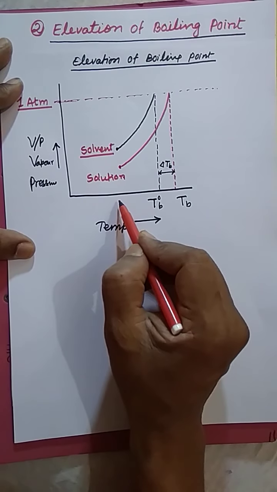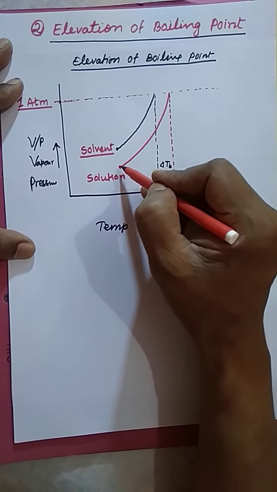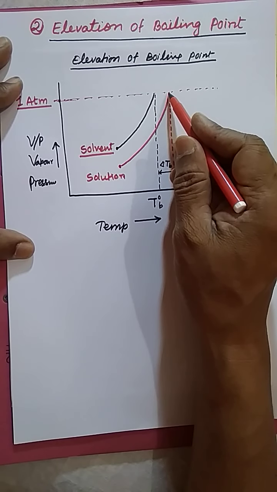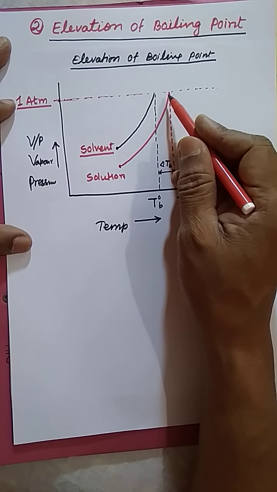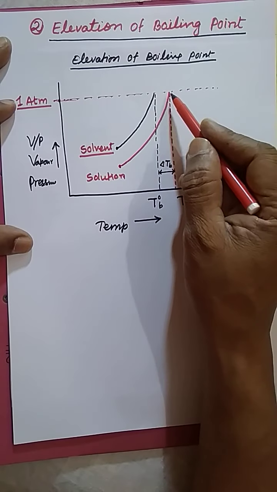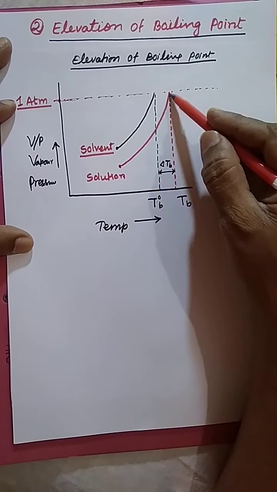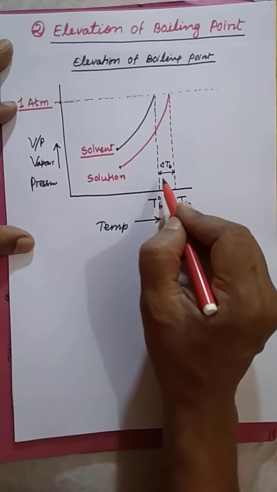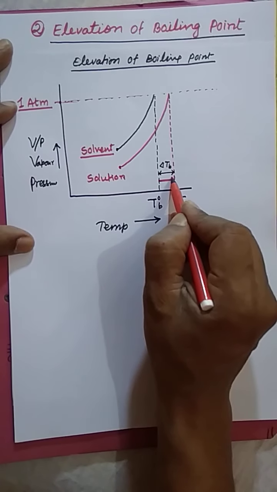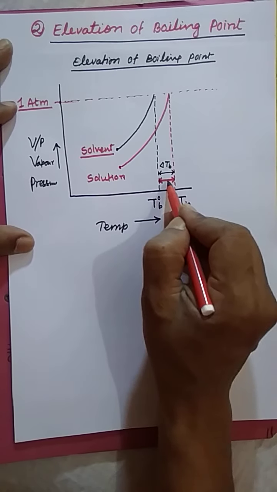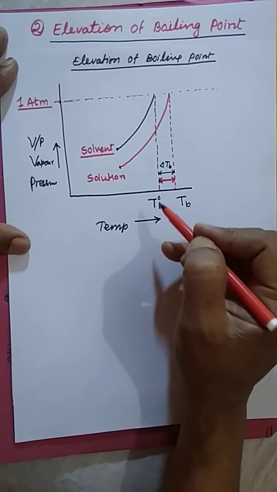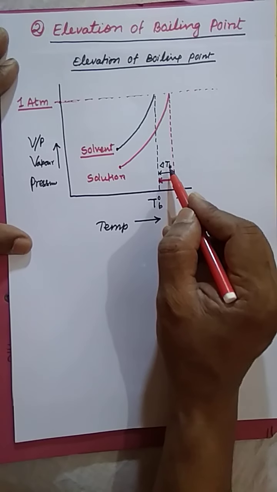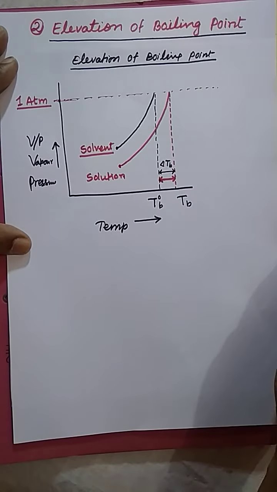Now temperature is increasing, so vapor pressure also increases, and it reaches atmospheric pressure. Now the solution begins to boil. So this is the boiling point of the solution, and this is the boiling point of the solvent. So definitely this increase, delta Tb, the increase in temperature, is the elevation in boiling point.